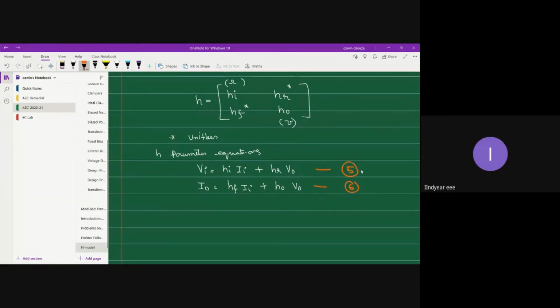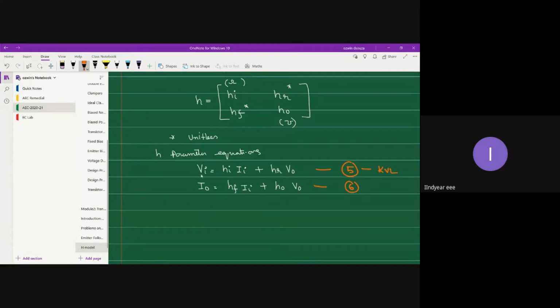So equation 5, if you look at it, is something like voltage is equal to current into HI and voltage into HR. So equation 5 is basically the KVL equation.